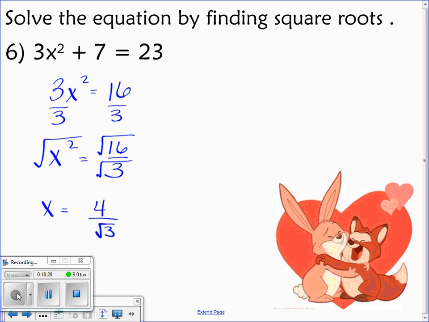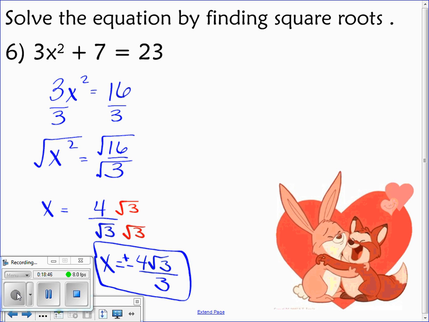Can I leave a radical on the bottom? No. So you have to multiply top and bottom by radical 3. So 4 times radical 3 is 4 radical 3. Radical 3 times radical 3 is just 3. And don't forget your plus minus. You got it.